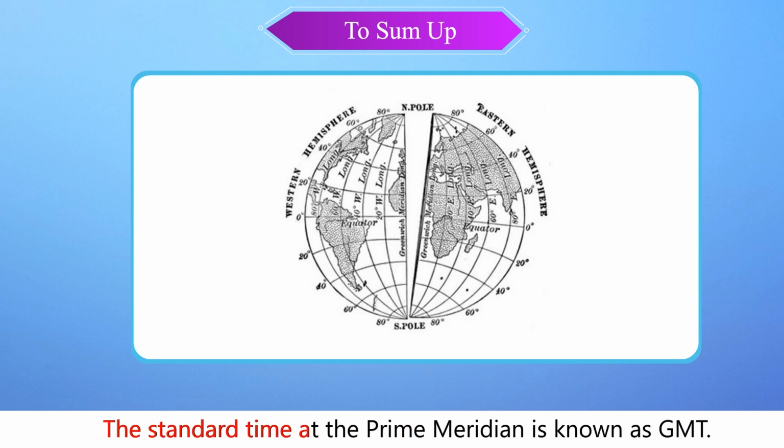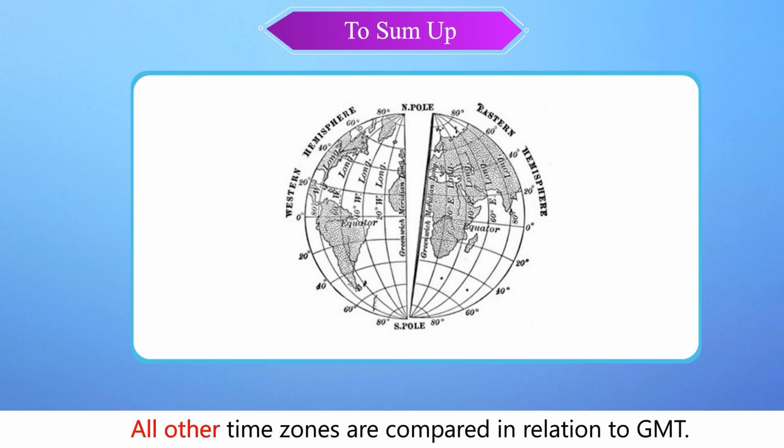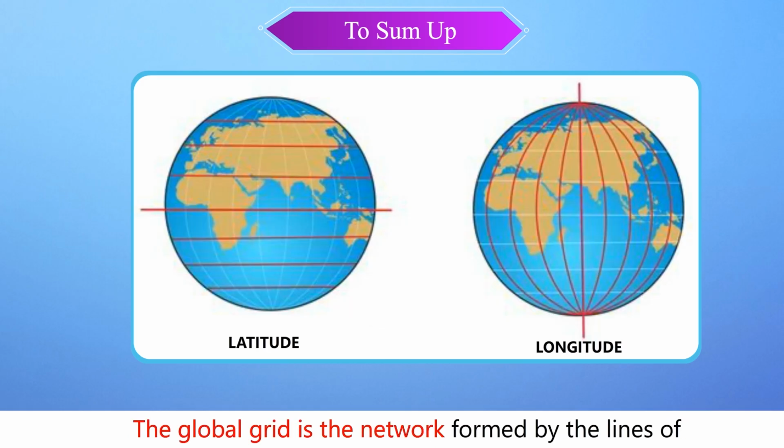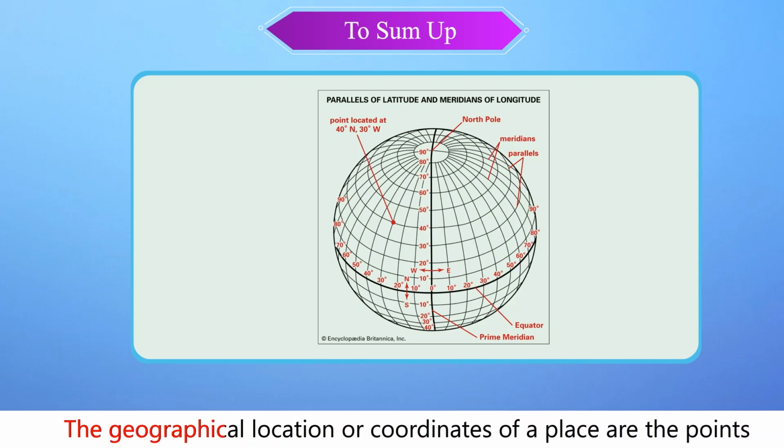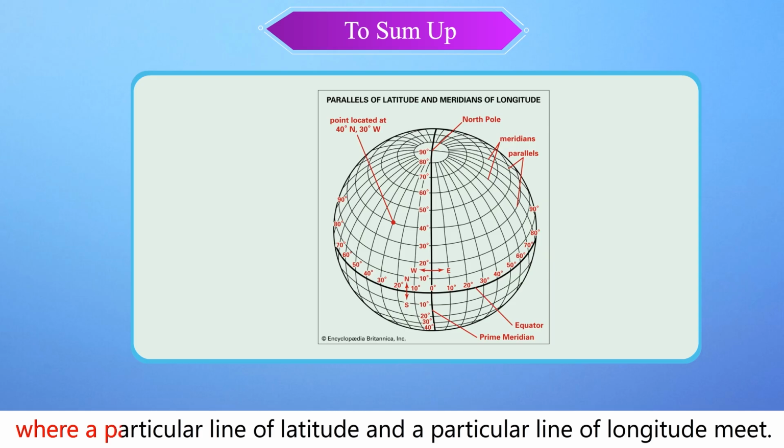The standard time at the prime meridian is known as GMT. All other time zones are compared in relation to GMT. The global grid is the network formed by the lines of latitude and longitude on the Earth. The geographical location or coordinates of a place are the points where a particular line of latitude and a particular line of longitude meet.